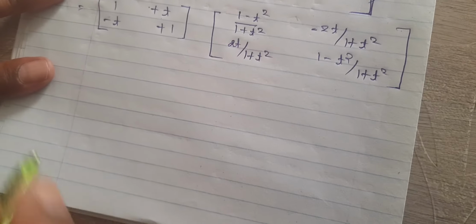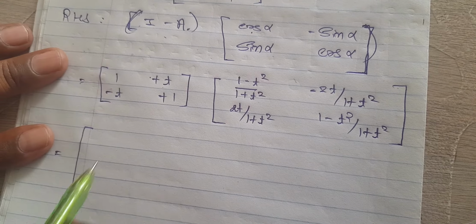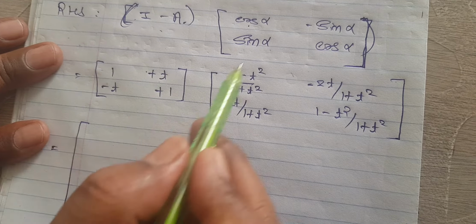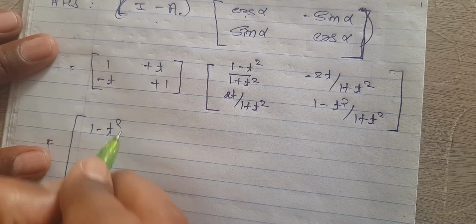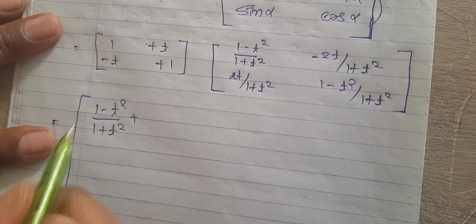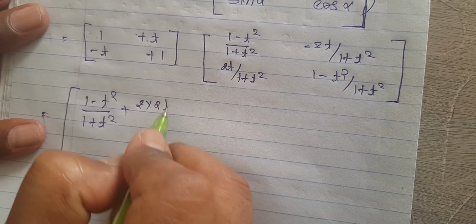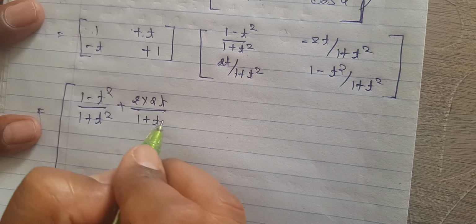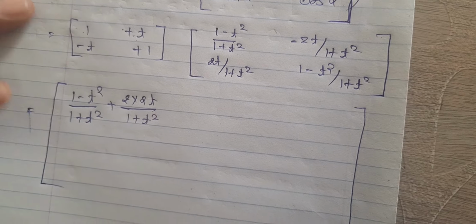Now just multiply them. Take just the first row, first column. So 1 into this means 1 minus t square upon 1 plus t square, plus t into 2t upon 1 plus t square. Like that you have to multiply the rest of the components.